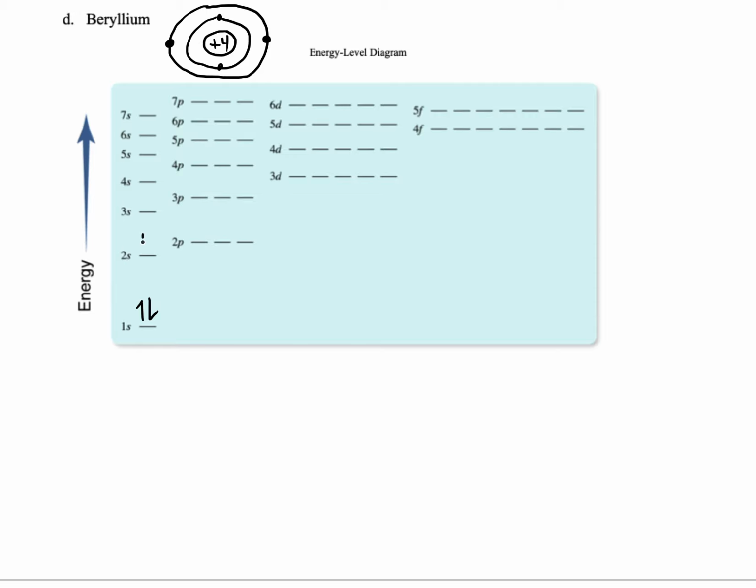And now we're going to have an up and a down in that second 2s shell as well. So this is going to be represented as 1s2, 2s2. That is beryllium's electron configuration.